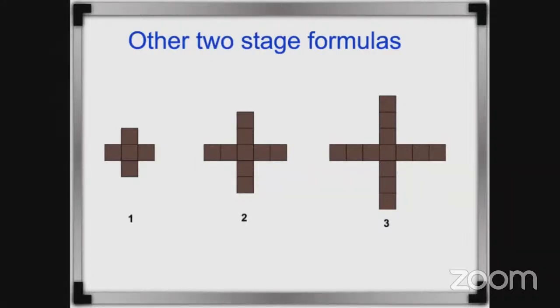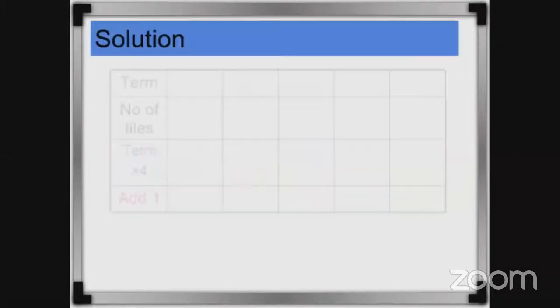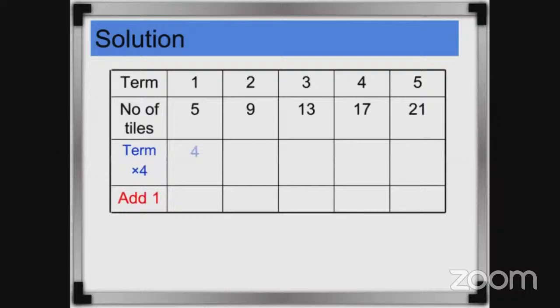So the second term would be 1 plus 4 multiplied by 2. 4 times 2 is? 8. 8 plus 1 is? 9. And we would have already decided that the first term is 5 tiles, the second term 9, the third term 13, the fourth term 17, the fifth term 21.